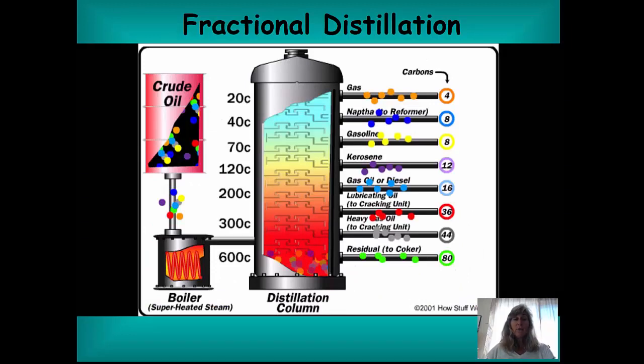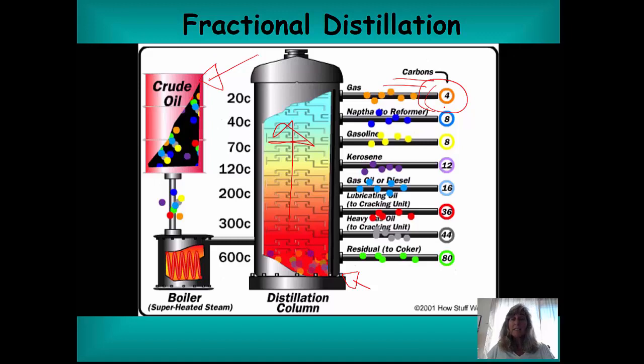If I take crude oil out of the ground, this pure petroleum product, it's very thick, tons of long chains of carbon molecules, and I start to warm them up. Think about it. What type of molecules will rise up in this column? It's going to be the carbons that are very small.